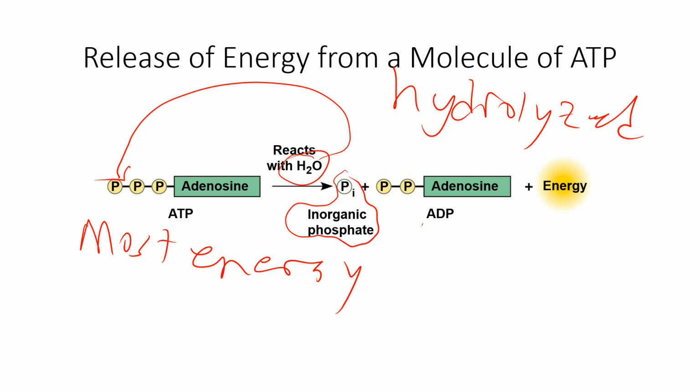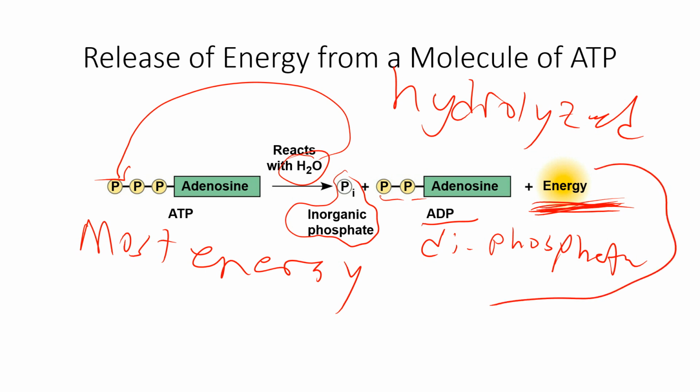And you end up with ADP, adenosine diphosphate, two phosphates. And then since you're breaking chemical bonds, guess what? You're releasing stored energy. And this stored energy can be used to do work.